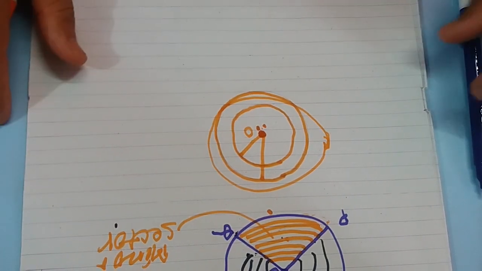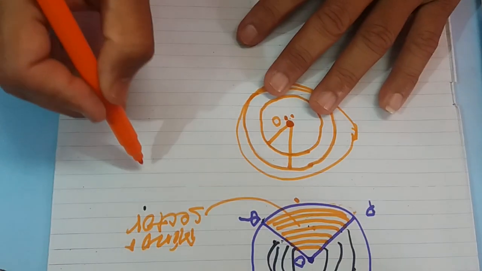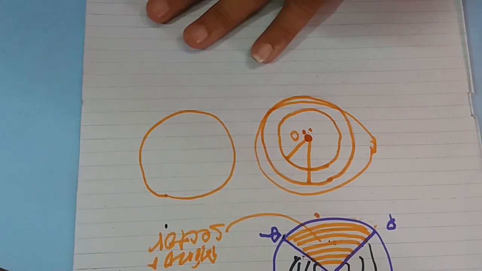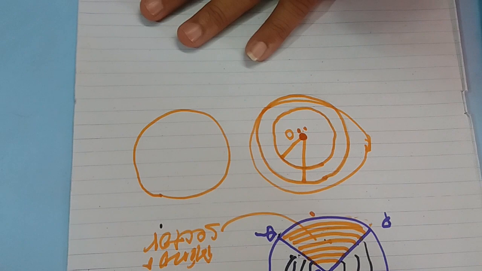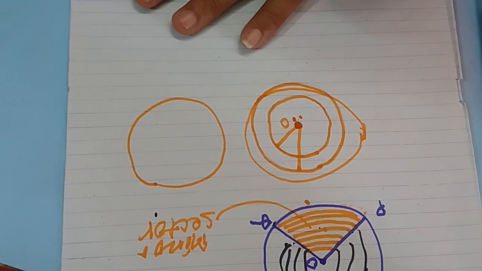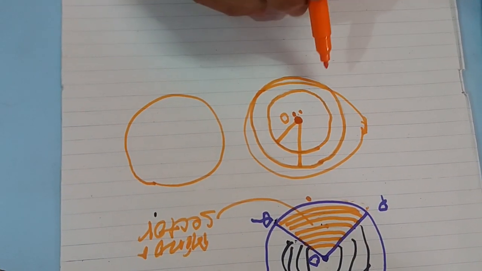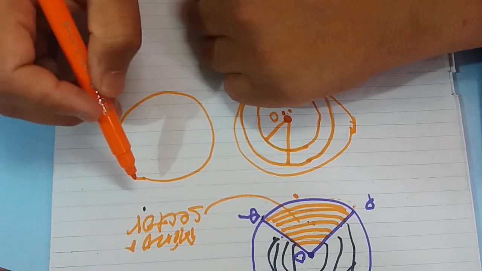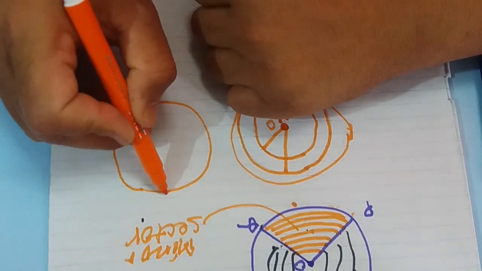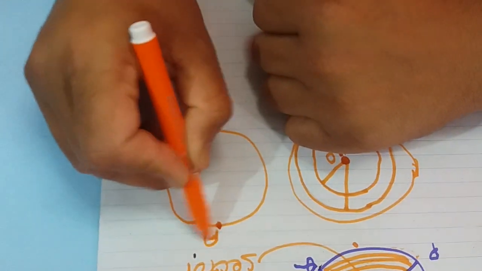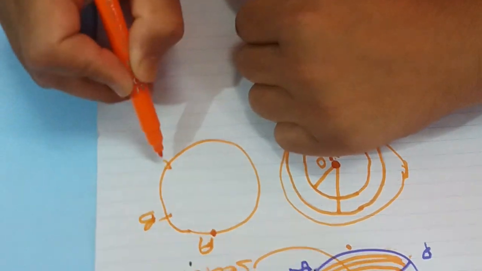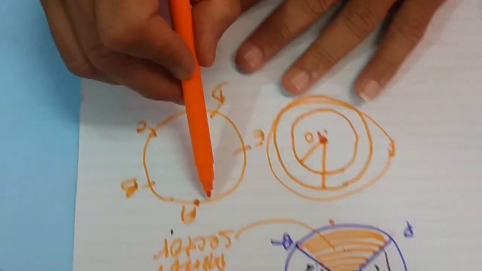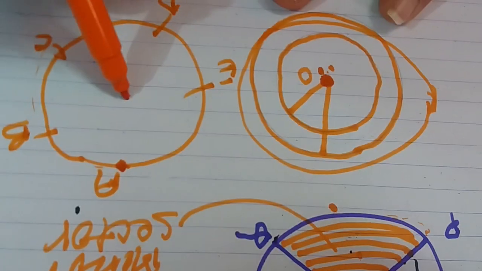Okay. Then the next thing we are discussing here is the concyclic points. So remember what concyclic points are. Suppose look at these points A, B, C, D, E, all these points are on the circumference of the same circle.